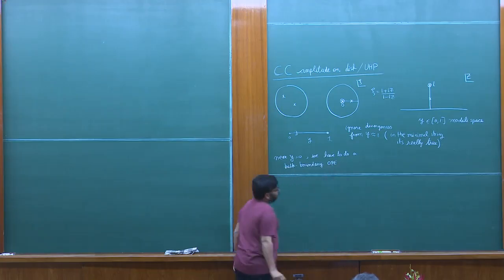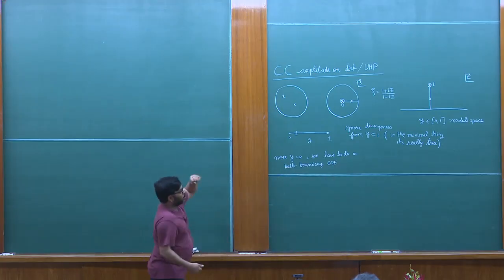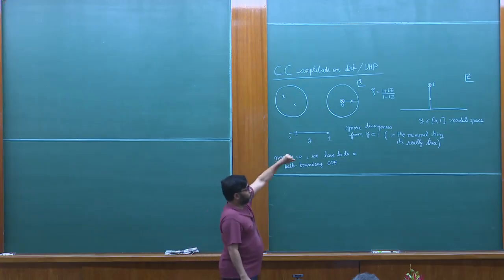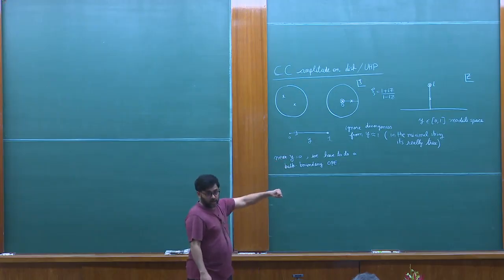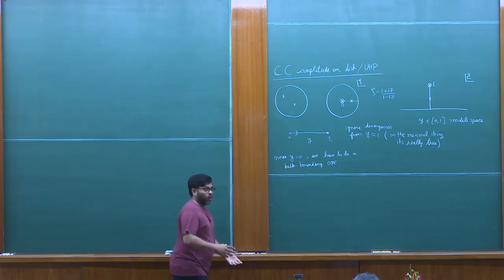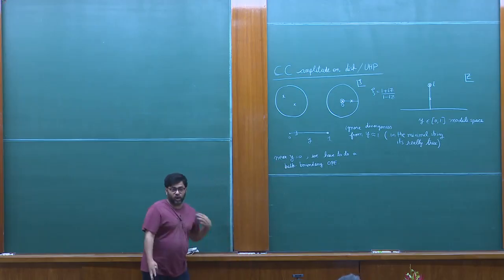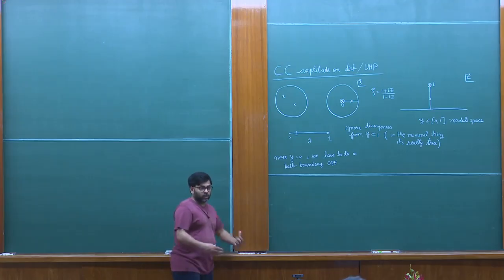So the statement of the bulk boundary OPE is that whenever an insertion in the bulk of a boundary CFT approaches the boundary, it can be rewritten as a sum of the open string operators. Okay, so that's a statement.